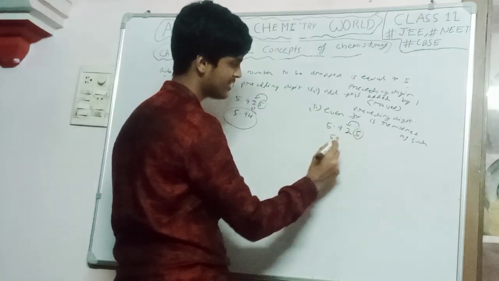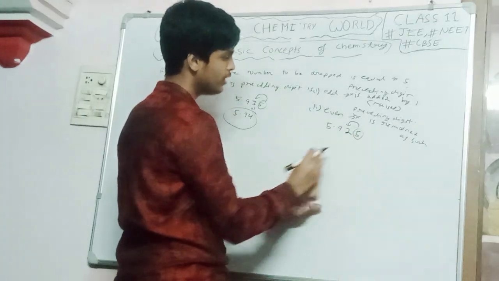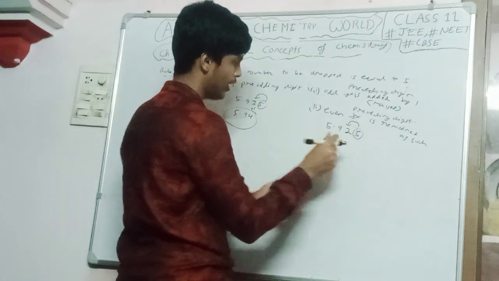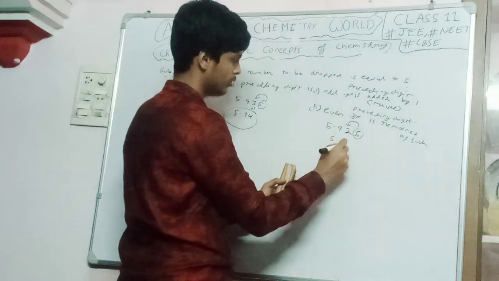If we are dropping any value, we need to make that as 0. Remember that. 5.90, so 5.92. That's it.